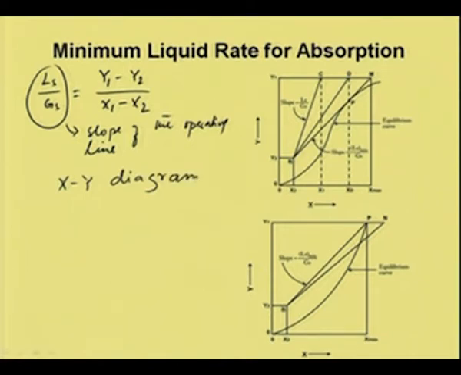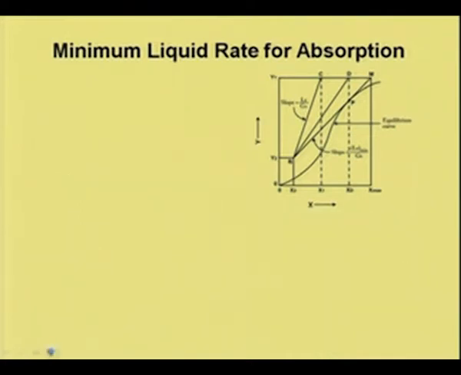So, there are two types of diagrams that can be seen, in which this is an equilibrium line and this is another equilibrium line. So, if we reduce the liquid flow rate Ls, what happens? The operating line BD.